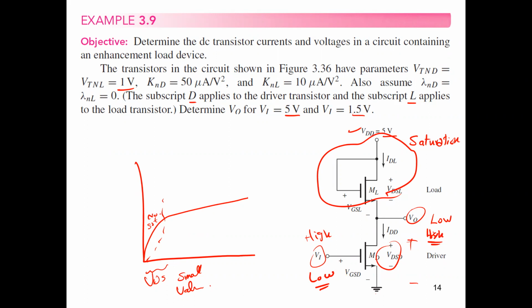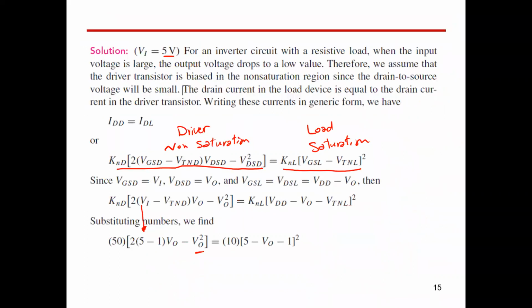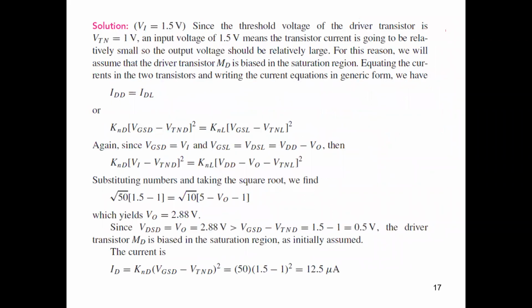So in this mode, guys, we can assume that both of these transistors are working in saturation mode. Now, let's consider this in our solution. Since we have 1.5 volt, we assume this is a low voltage, and in this case our transistor is going to work in saturation.